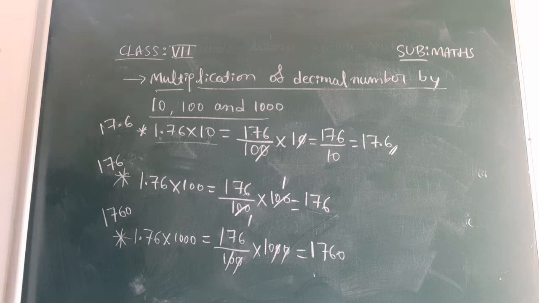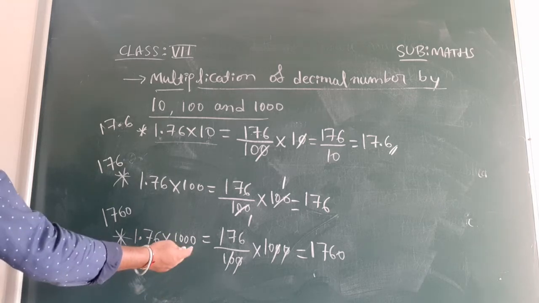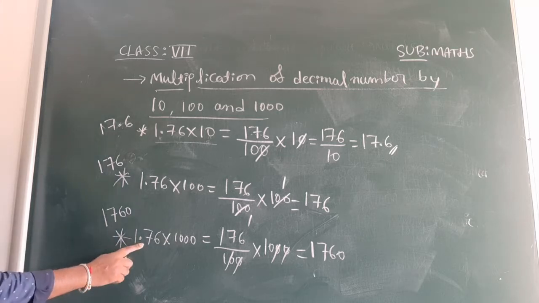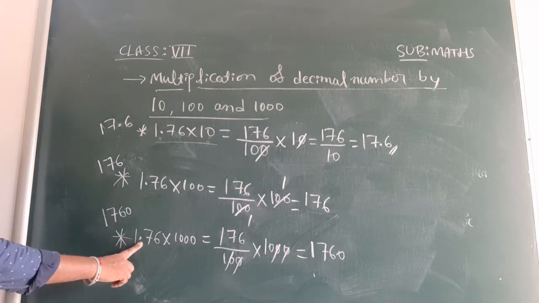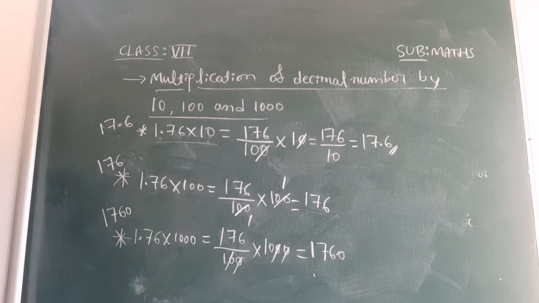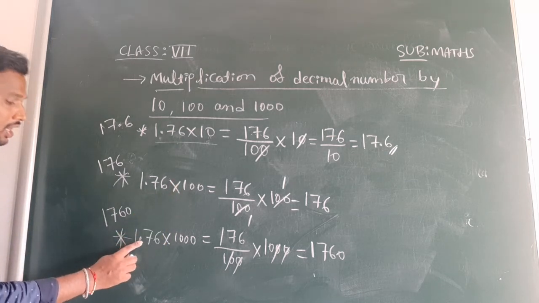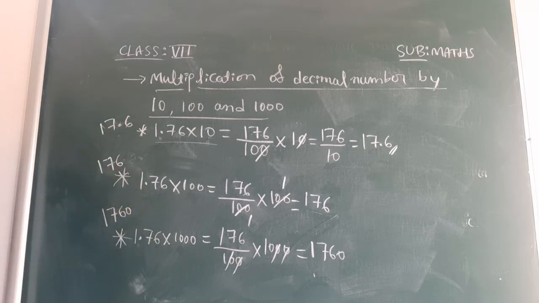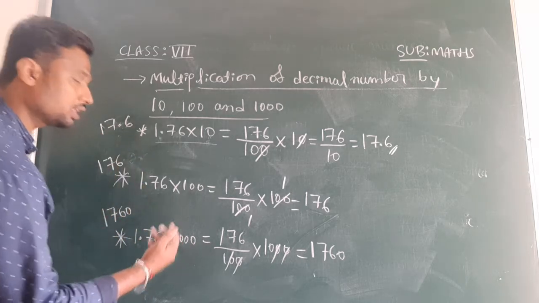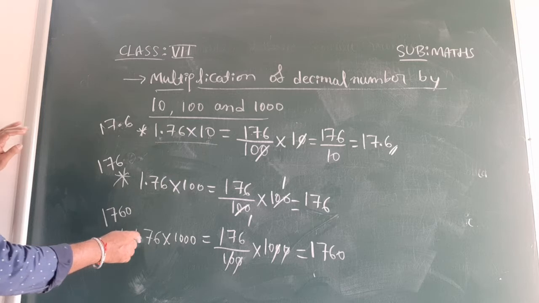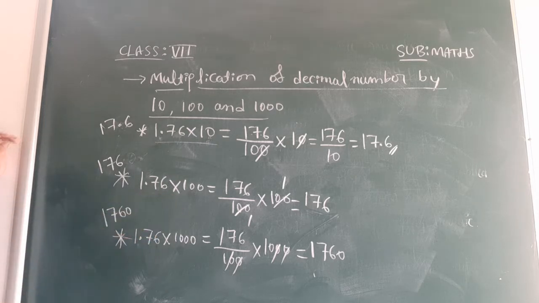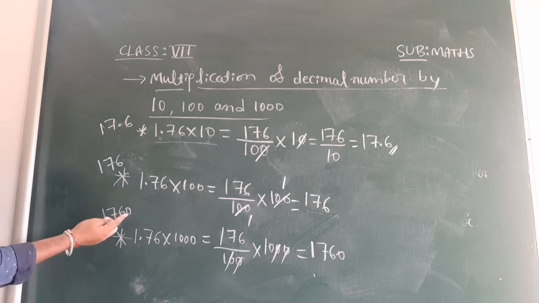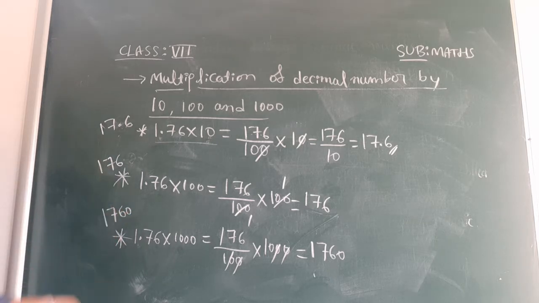So if you multiply this 1.76 with 1000, where we have 3 zeros, then you have to move this decimal point 3 steps towards the right side. But here you can see after this decimal point we have only 2 digits. But we have 3 zeros, which means you have to move this decimal point 3 steps towards the right side. But here we have only 2 digits, that's why we are considering one more 0 here.